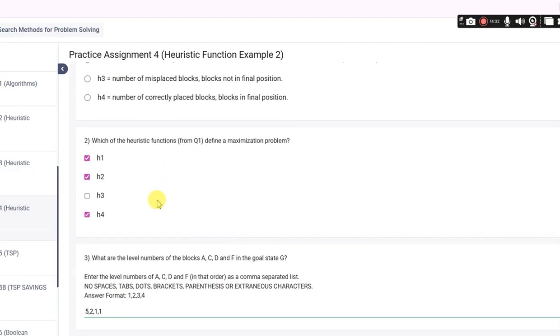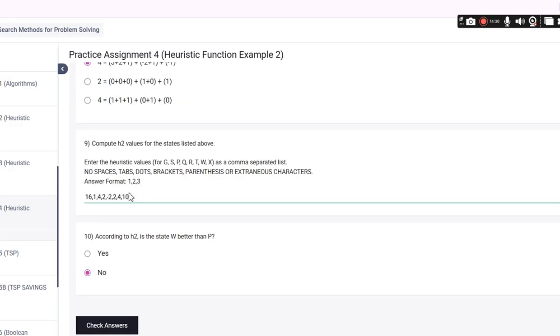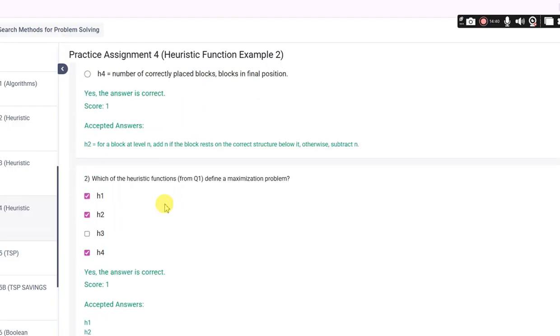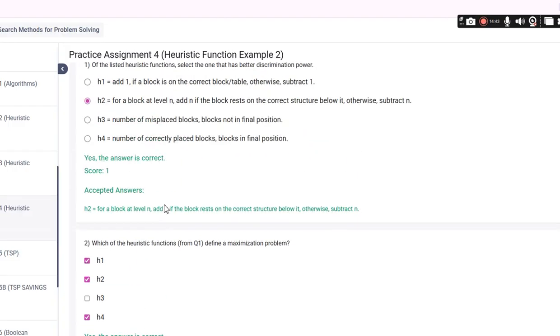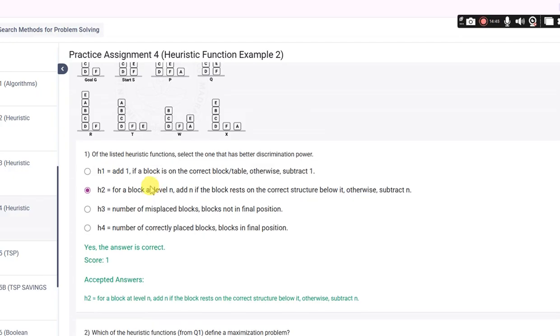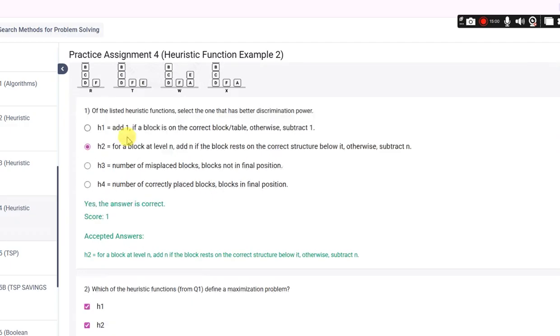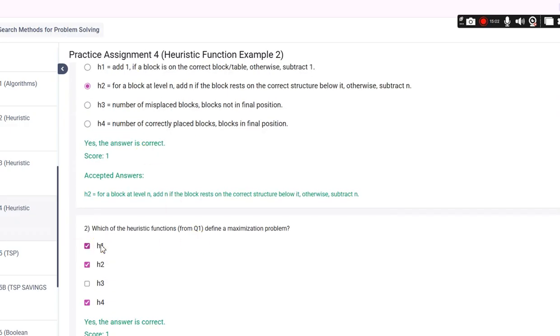Next, use of this heuristic function defines a maximization problem. Of course, H1, H2, and H4 will be maximization problems. Why? For H1, as you can see, in the case of the goal state, it's plus 6. So the larger the value, the closer it is to the goal state, which is what we want, so it is a maximization problem.